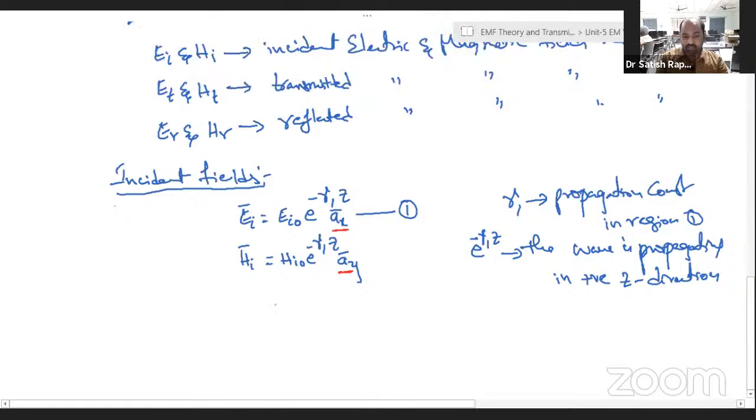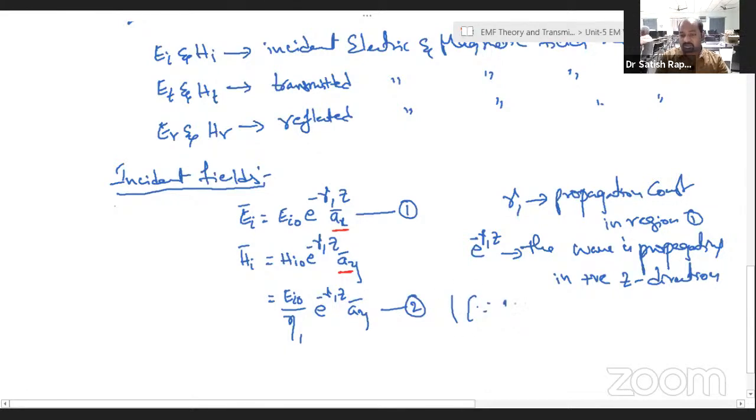So this can be written as Ei naught divided by eta 1, e power minus gamma 1 z, Ay bar, and let us say this is equation 1.